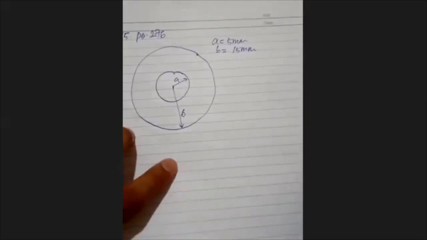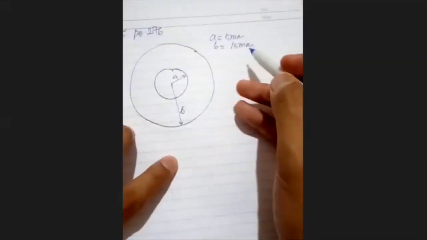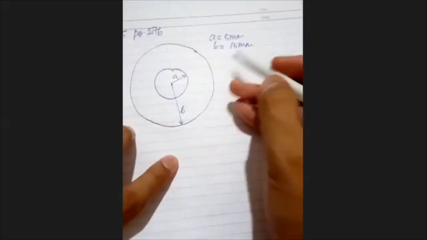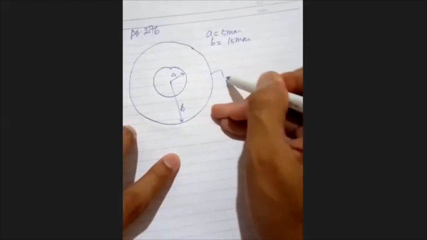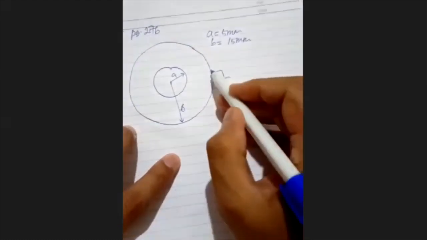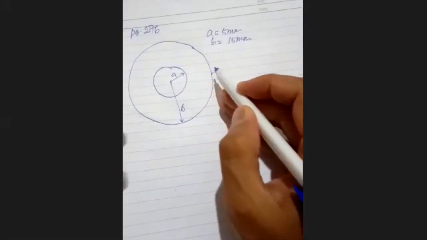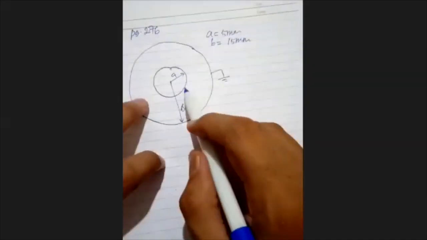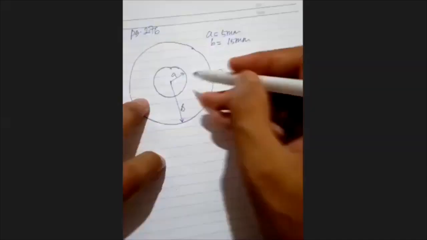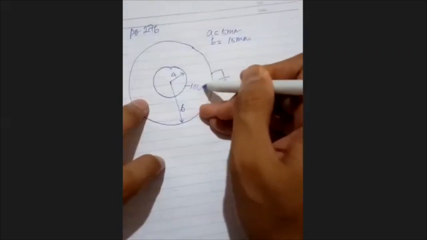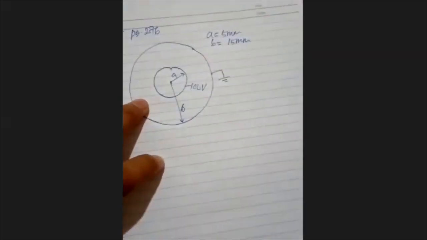All right, so in this case the outer conducting surface is grounded. It means that at this surface we have zero potential. And the inner surface is connected to 100 volts. That's the boundary condition given to us right now.